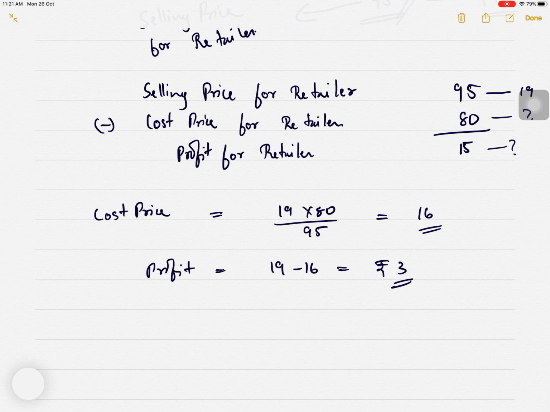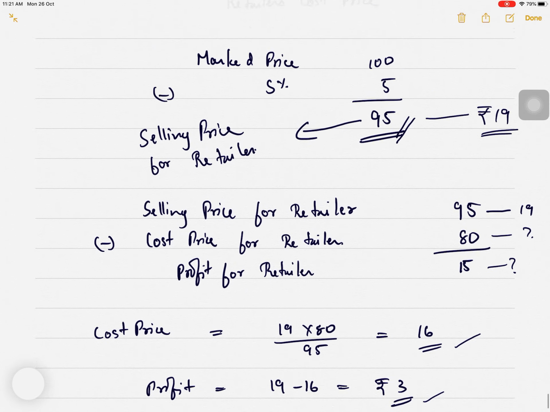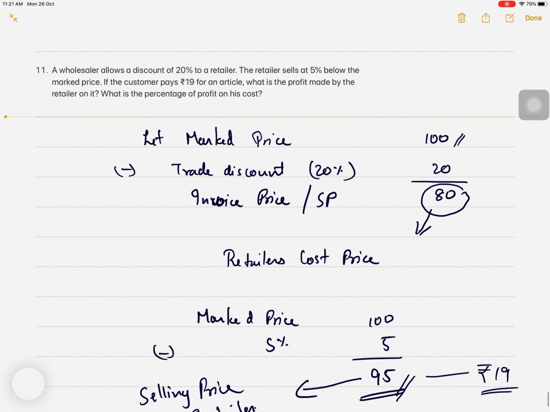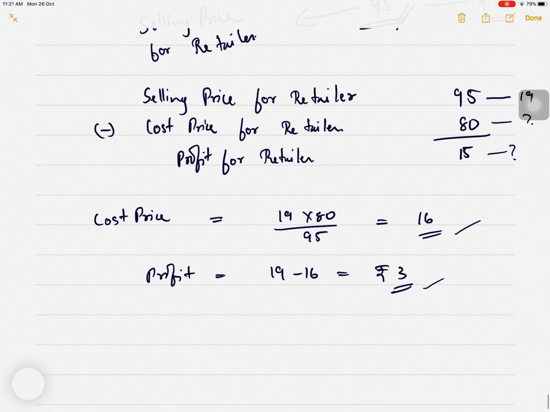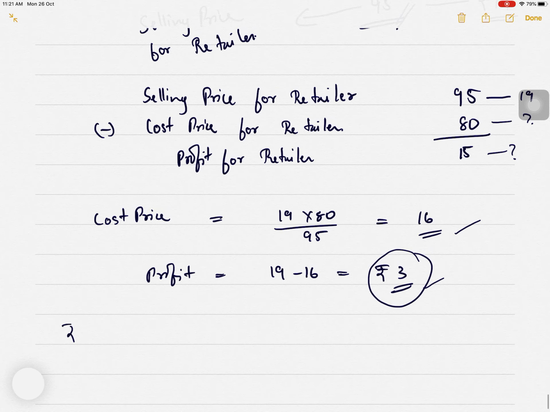So, if the selling price is 19, the cost price is 16 and the profit is 3 rupees. And what is asked in the question? What is the profit made by the retailer on it? Rupees 3 is the profit made by the retailer.